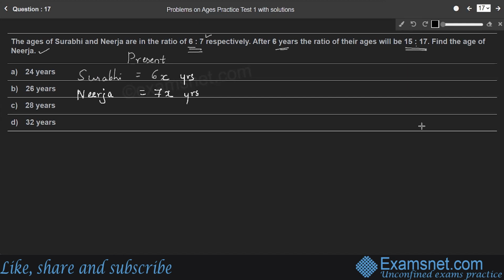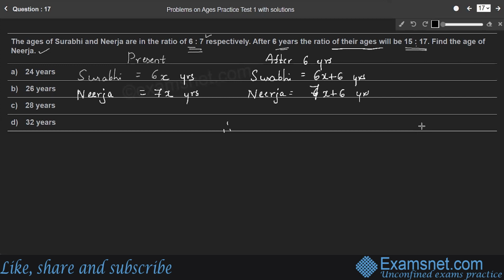So we'll consider their ages after 6 years. After 6 years, Surbi's age will be 6x plus 6 years, and Nirja's age will be 7x plus 6 years. And the ratio of their ages is given as 15:17.